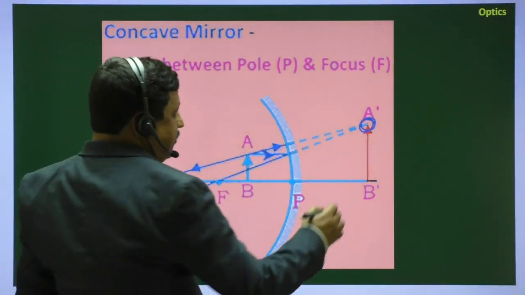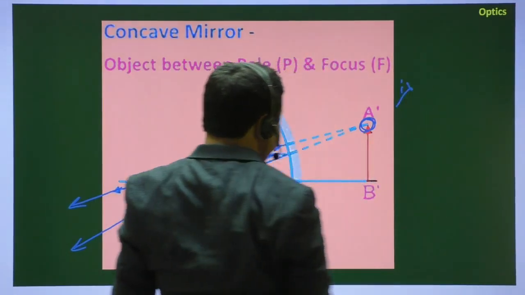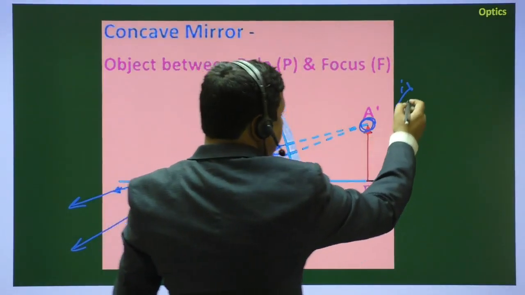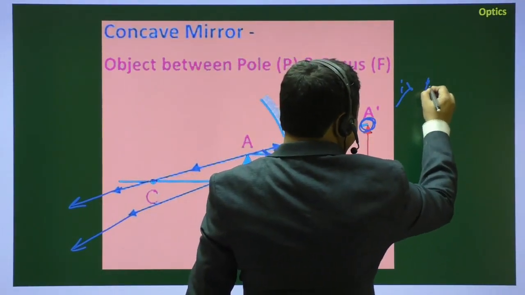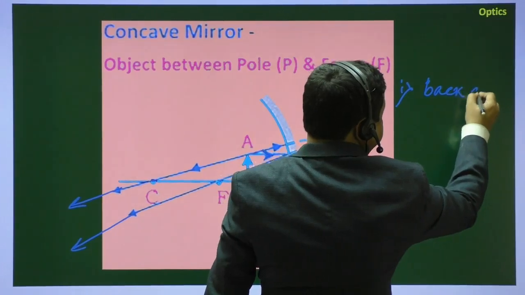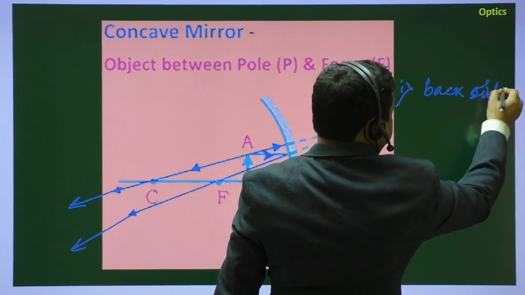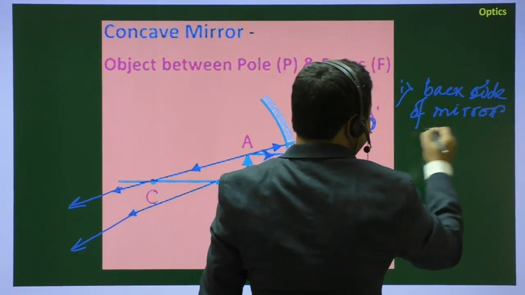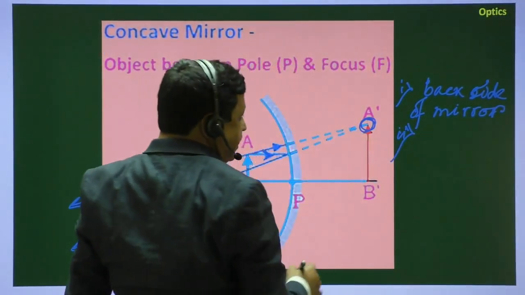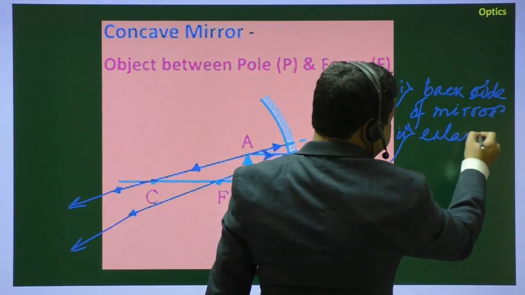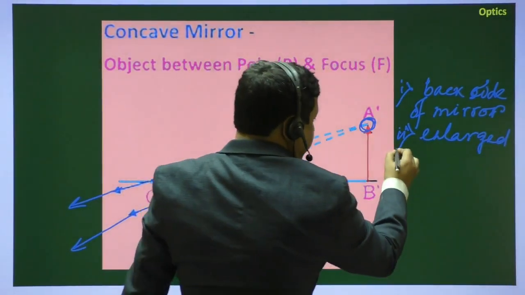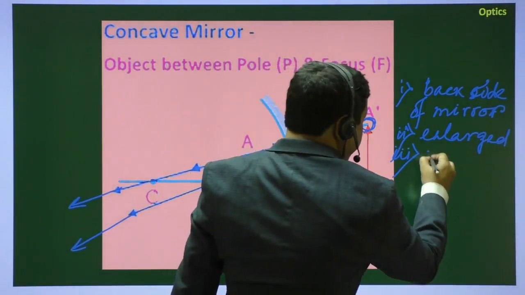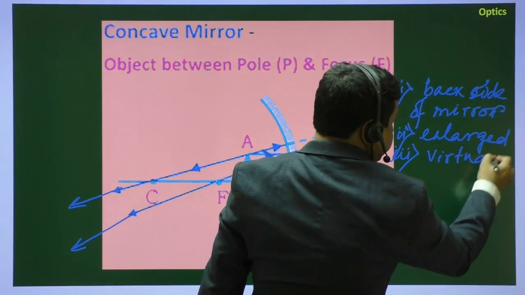That means the characteristics of this image will be, first thing, the image is formed at the back side of the mirror. Number 2, it is enlarged. Number 3, it is a virtual image.